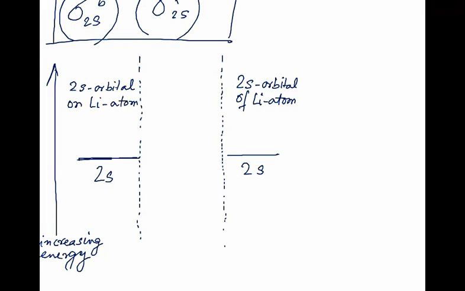So two molecular orbitals will be formed. One is sigma bonding 2s, another is sigma antibonding 2s. Since the sigma antibonding 2s is of higher energy, it will be situated above. One is sigma star 2s, which is the antibonding one, and one is sigma 2s bonding.